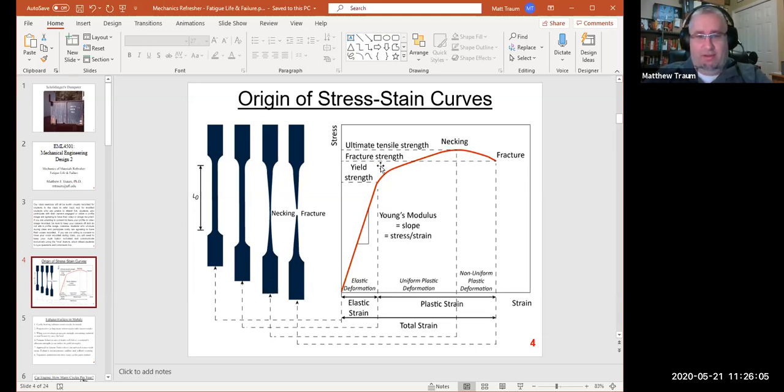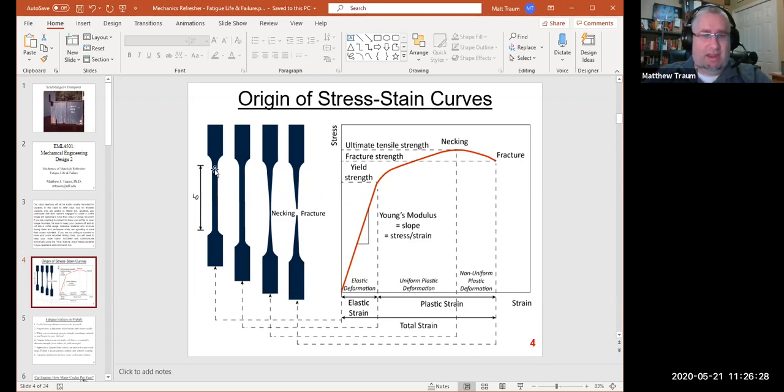So for stress strain, we've got stress on the y-axis and strain on the x-axis. Stress has units of pressure, so it's a force over an area. Strain, at least for our purposes, is unitless. Stress basically represents how much load is on your part.